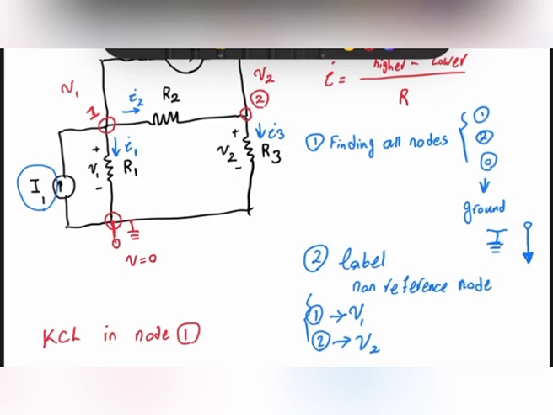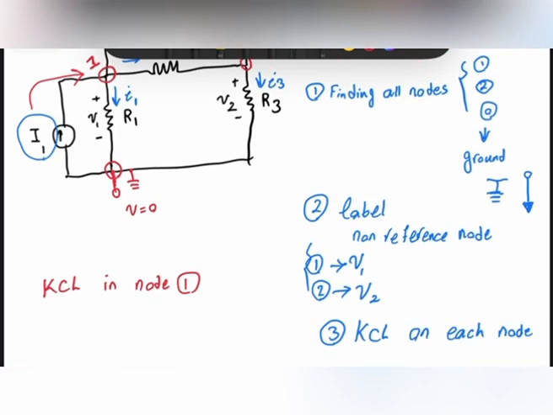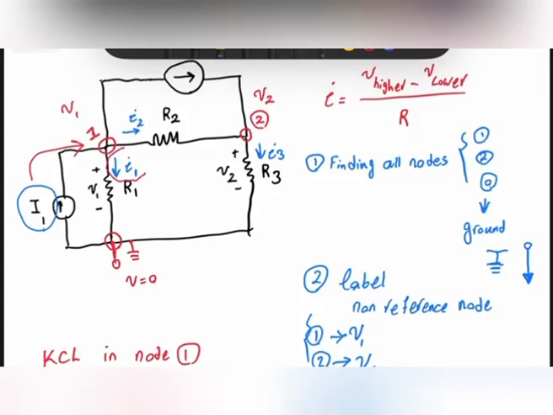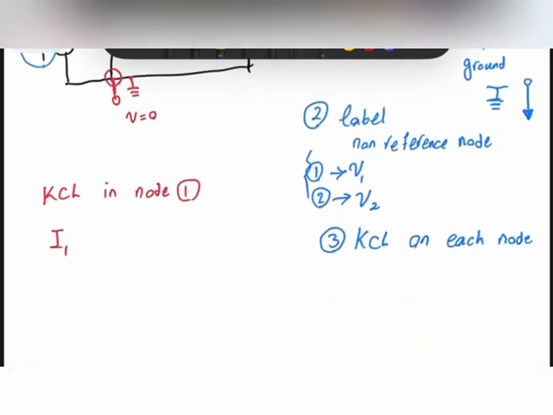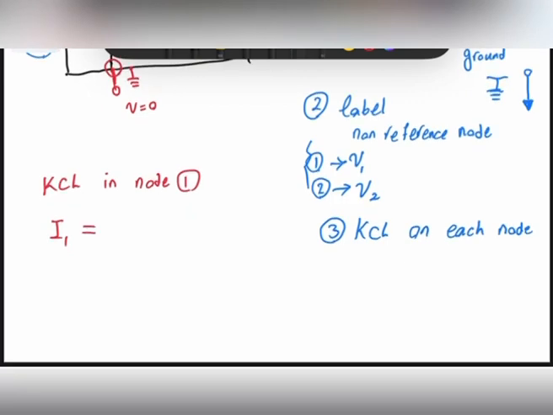As you can see, I1 is entering this node, Y. The other I1 and I2 are leaving. So I1 is equal to I1 in the lowercase plus I2 lowercase.